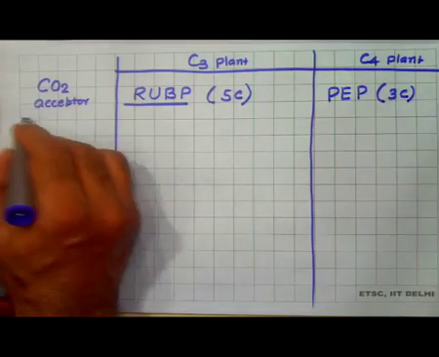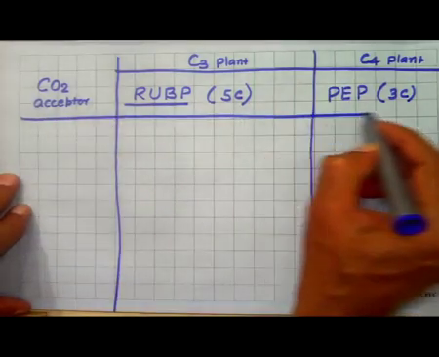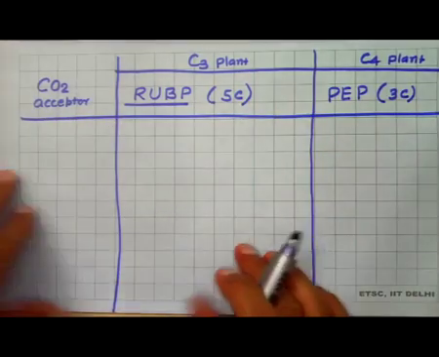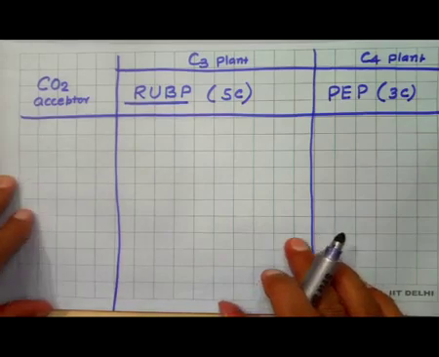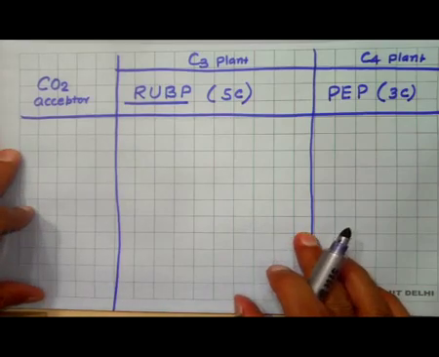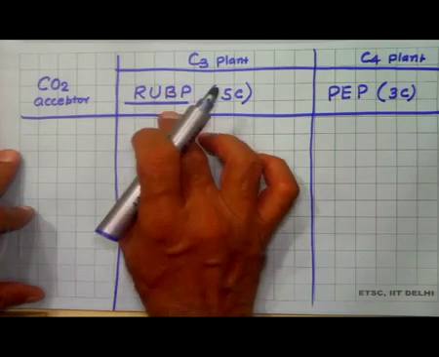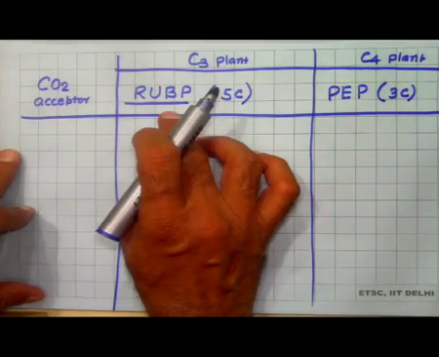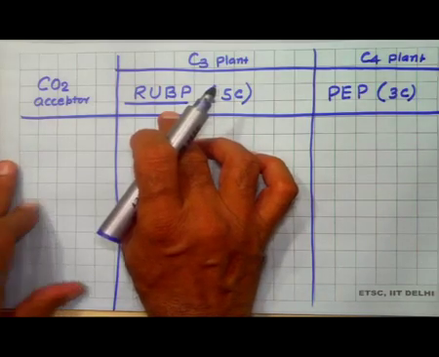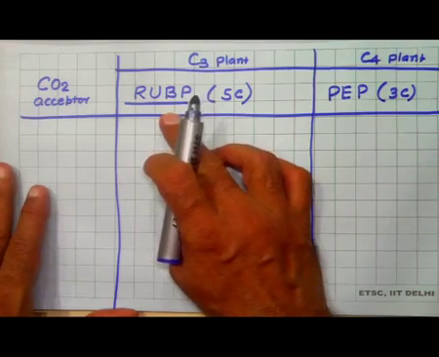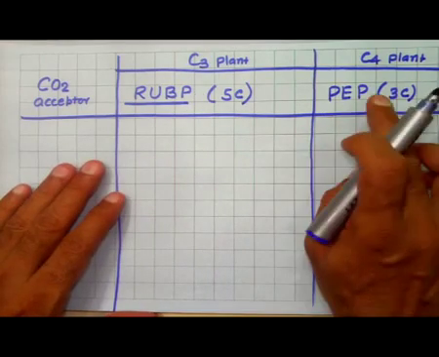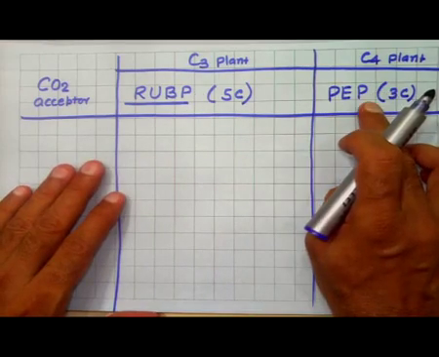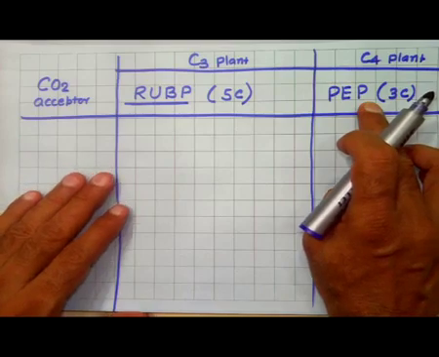So, this one is the basic difference between C3 and C4 plants in acceptance of carbon dioxide. Here the enzyme involved is Rubisco, which is the most abundant enzyme on the earth. Here the enzyme involved is PEP carboxylase.